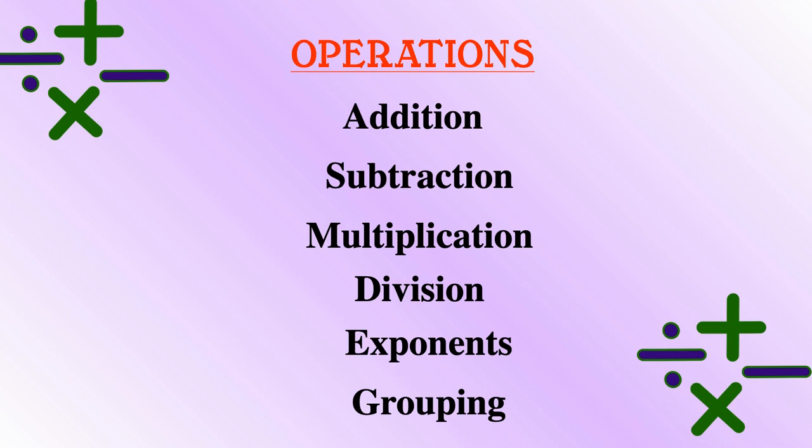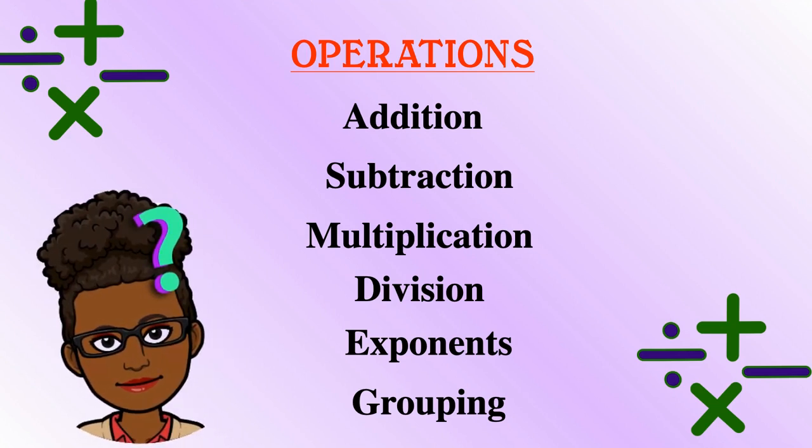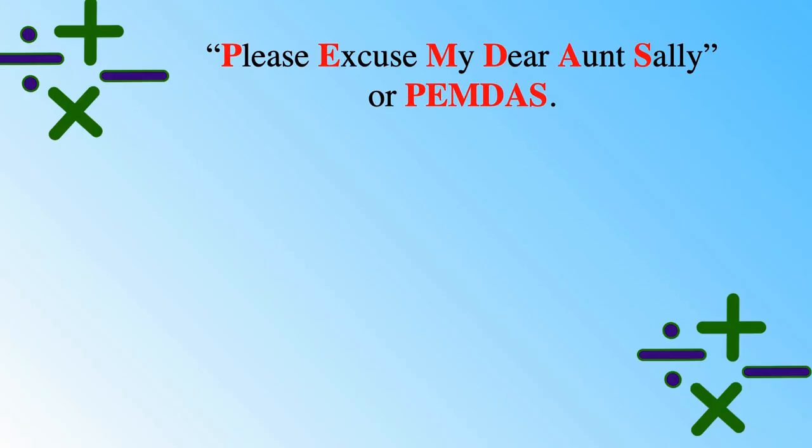Do you remember from our last lesson the order of the operations? Which one comes first? Remember, think hard. Yes, that's correct. Please Excuse My Dear Aunt Sally, or PEMDAS.